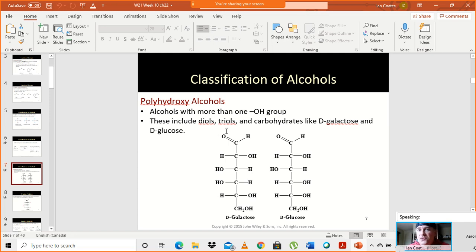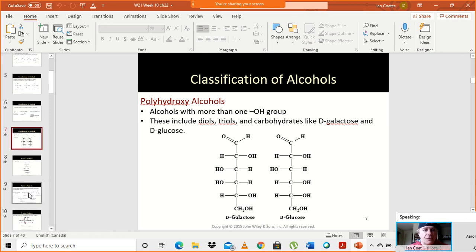Diols, triols, carbohydrates like D-galactose, D-glucose, these kinds of things. And you'll see there, look at all the alcohols that are on here. 1, 2, 3, 4, 5. All right. We'll get into more of these, what D means. Okay. And we'll get into that week 12 for sure.